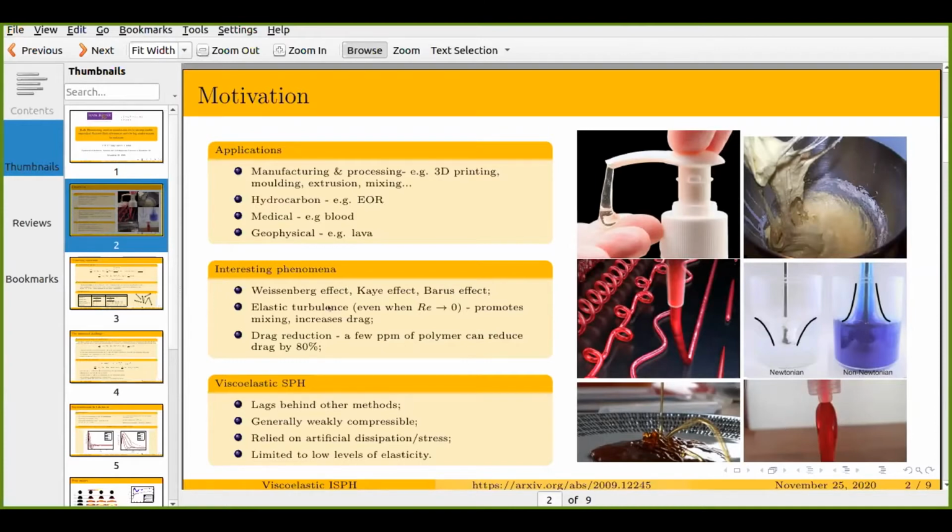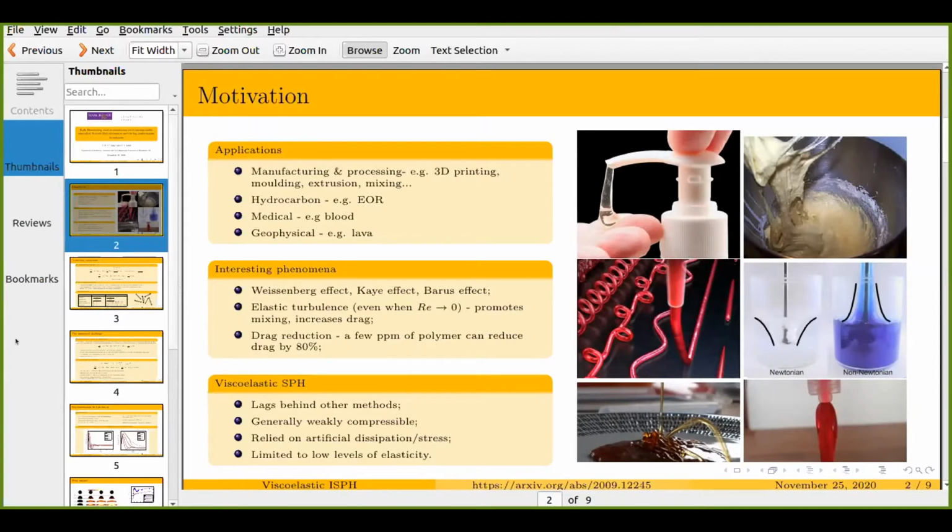And there's also phenomena like elastic turbulence, which is chaotic behavior even at asymptotically zero Reynolds numbers. And they can be used to reduce turbulence drag. So they're really quite interesting and really quite important. But as I'll get onto in a bit, they present some fairly unique numerical modeling challenges.